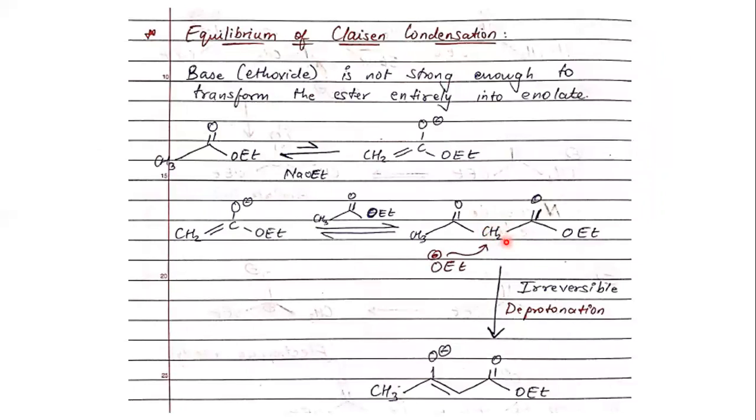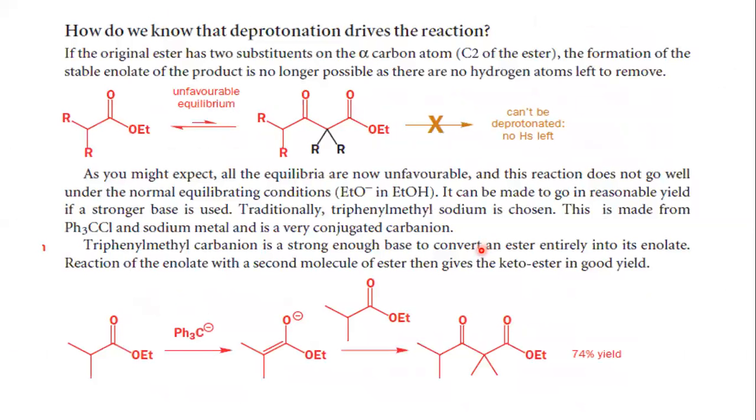If you can see here, there were two acidic hydrogens. Now if you see the starting material that they have taken, there are absolutely no alpha hydrogens here. No acidic hydrogens here. So that is why this molecule cannot be deprotonated now. Eventually, if you carry out this reaction, you will hardly get any yield.